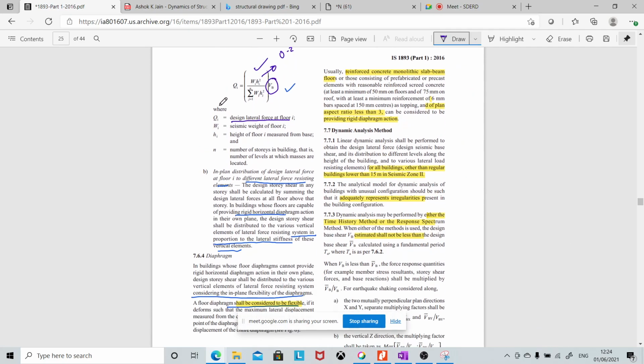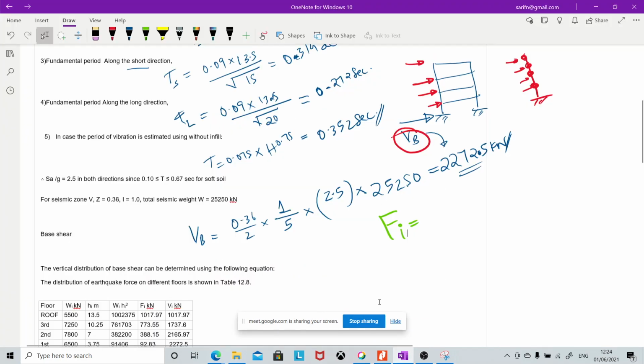In accordance with this formula, that is Wi Hi square divided by sigma Wi Hi square, into Vb. So this is the formula that we have to adopt, that is, the force at each level is equal to Wi Hi square divided by sigma Wi Hi square, multiplied by VB.